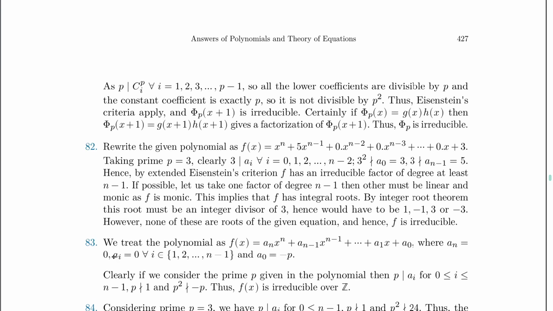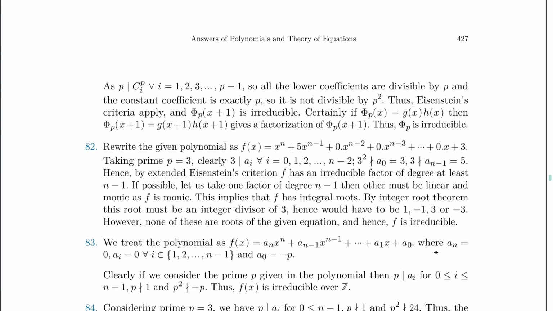Now we treat the given polynomial as x to the power n plus a n minus 1 x to the power n minus 1 and so on, where n is equal to 0. There is a typing mistake. N is 1 because the coefficient of x to the power n is 1.